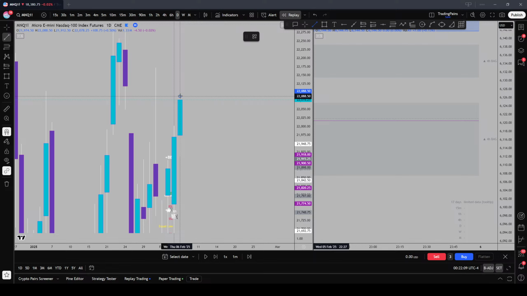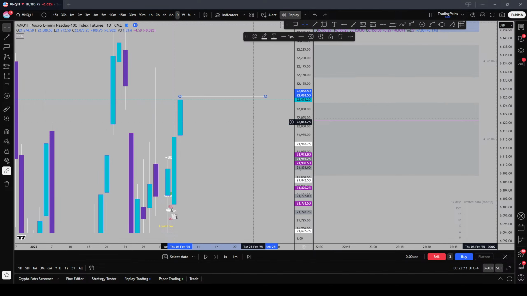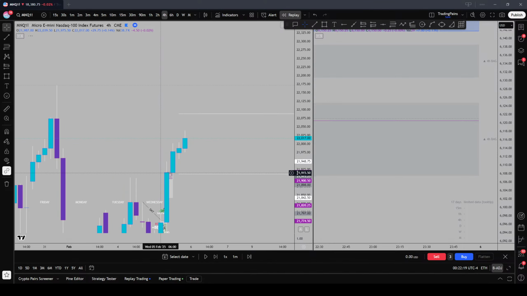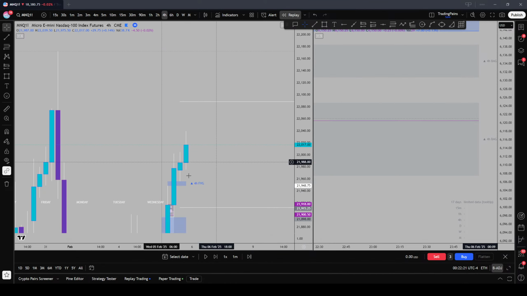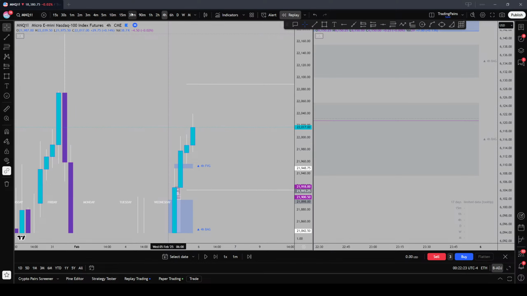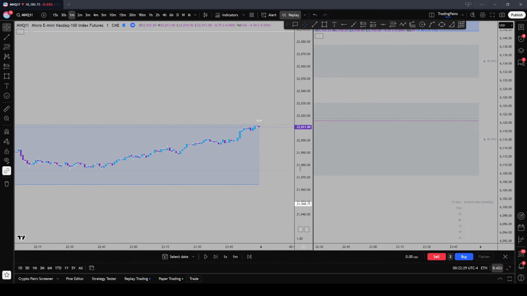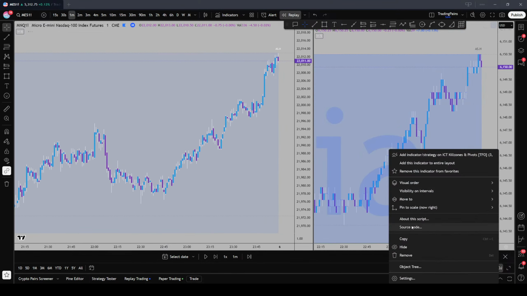Okay, so previous day high, previous day low, 4 hour. 4 hour fair value gap right there. 1 hour. 1 minute. And then we'll delete.